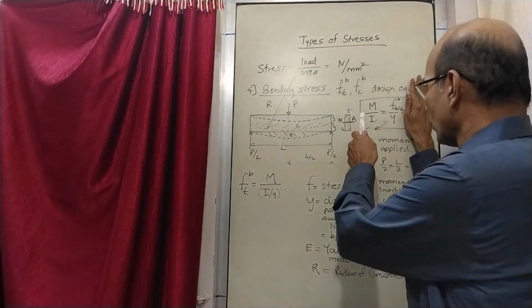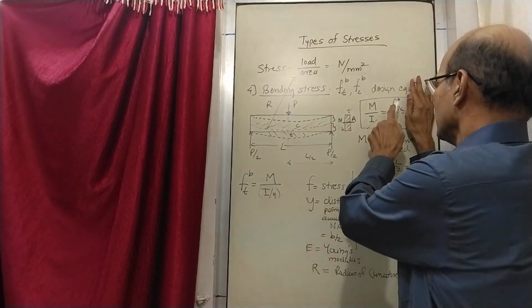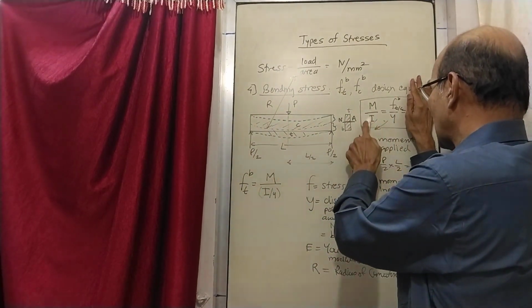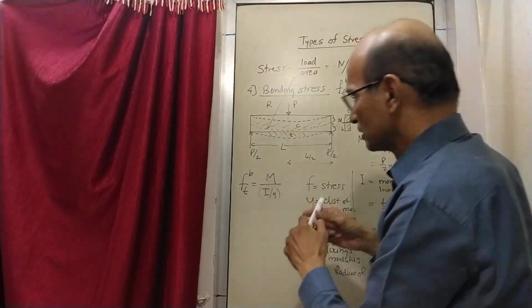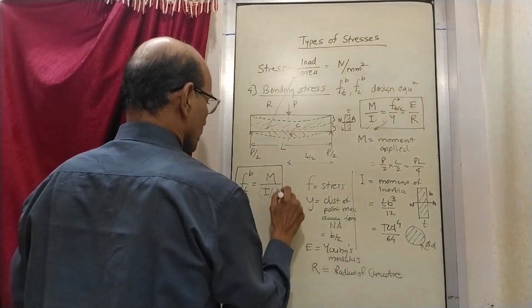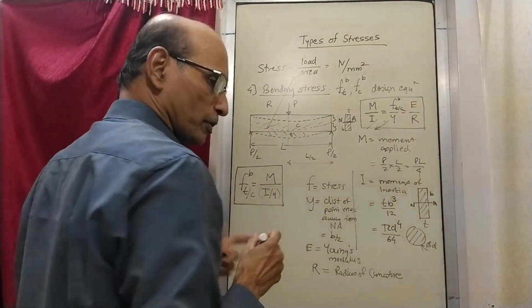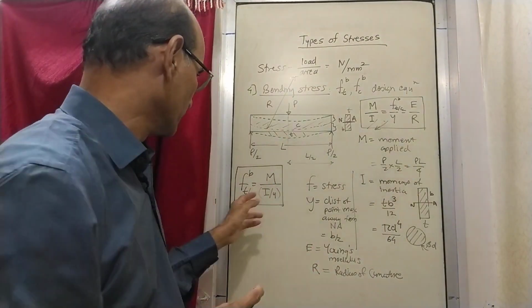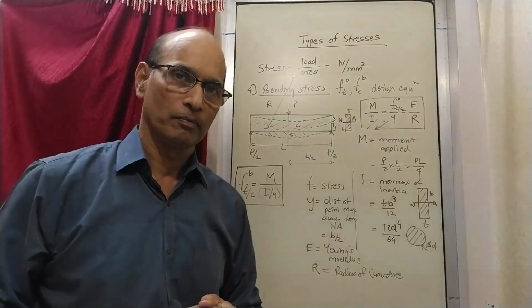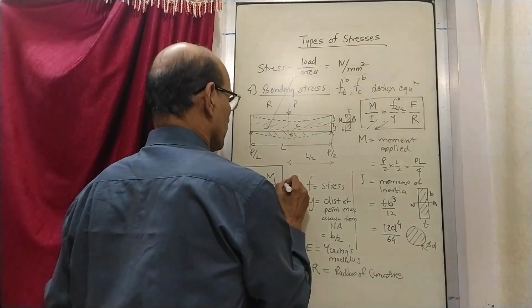So only this much equality is taken into account. M upon I equal to F upon Y. So therefore F is equal to M upon I by Y. So this is the formula for bending stress. It could be T or C, compressive bending stress or tensile bending stress. This is the formula. Okay, and the unit will obviously come Newton upon m square.